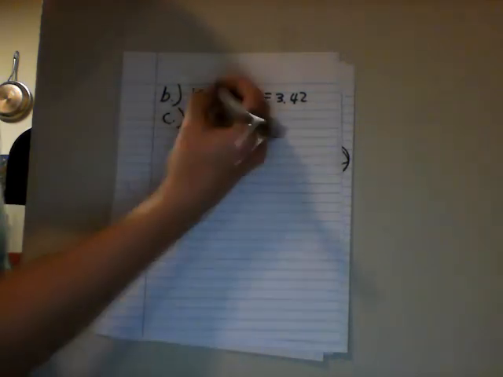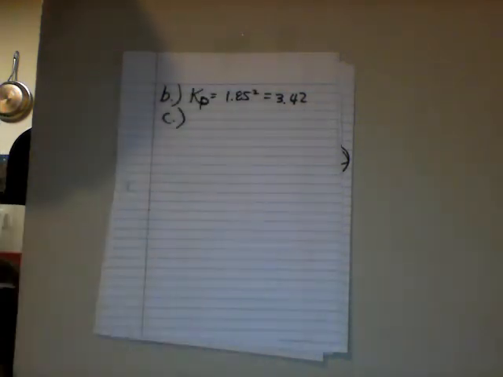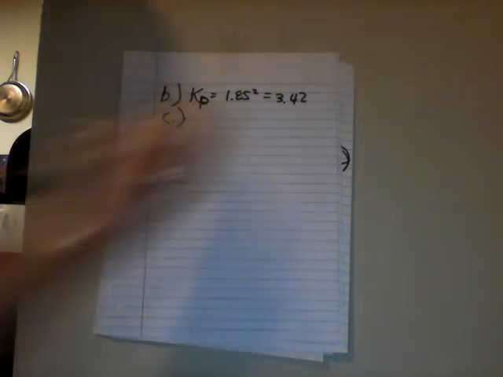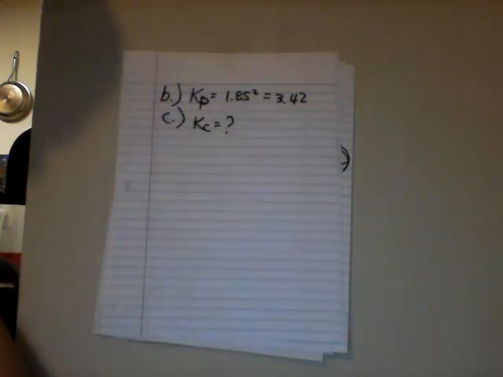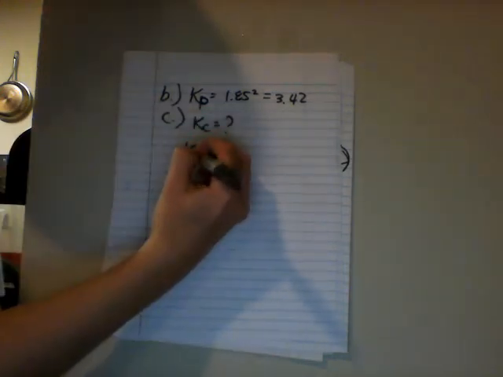Oh, sorry, this was KP, excuse me. Hopefully that didn't confuse any of you. So for this whole problem, it's actually been talking about KP, correct? So now it's saying, what is the value for KC? So there's a relationship, and it should be given to you on your test, but you obviously need to know how to use it.